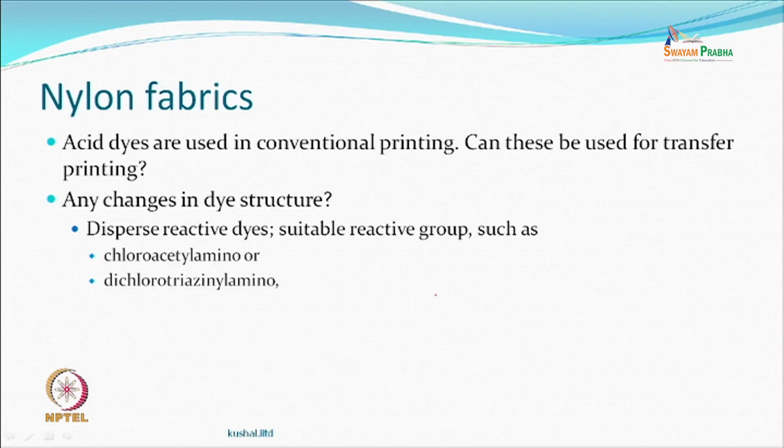One of the interesting things which has been seen in nylon, which has not been seen in polyester, is that the wash fastness of disperse dyed nylon fabrics will be low compared to the same dye on polyester. If the same dye has been dyed or printed onto polyester, the wash fastness is higher compared to the same dye in nylon.